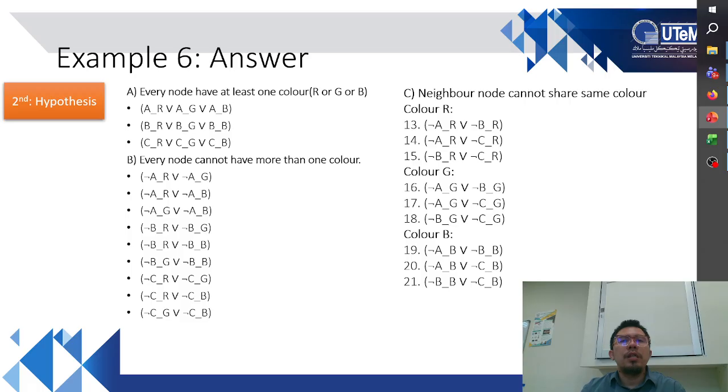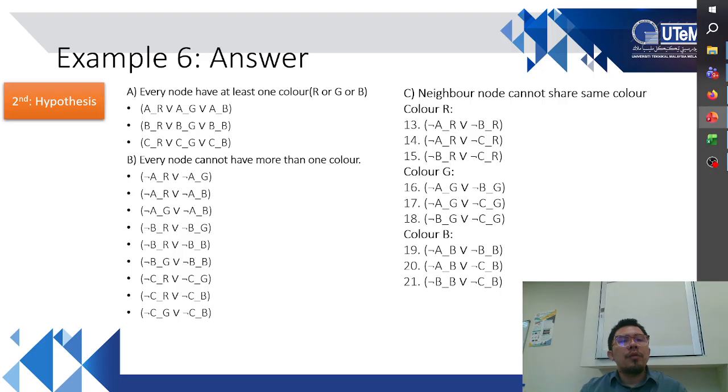First, every node has at least 1 color, either R or G or B. For node A, it can be red or green or blue. The same goes for B, which can be red or green or blue, and C can be red or green or blue. This represents the statement that every node has at least 1 color.